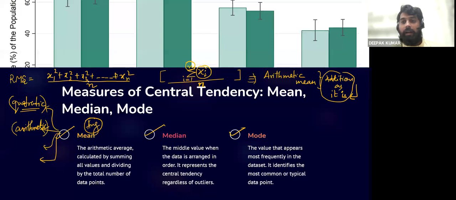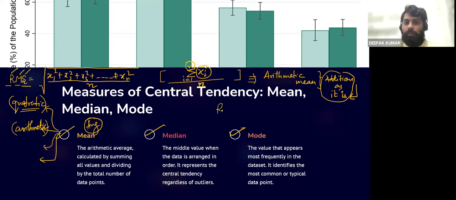Finally, we take the square root of the squared mean. So it is read as root mean square, but it is computed as square, mean, root.